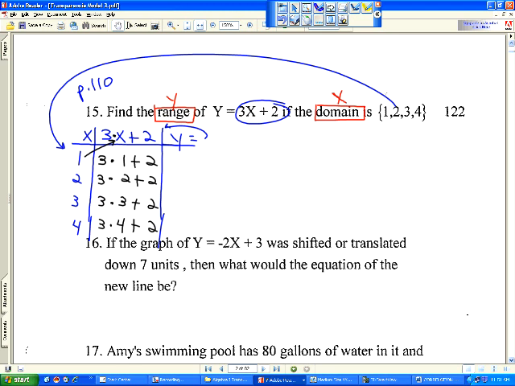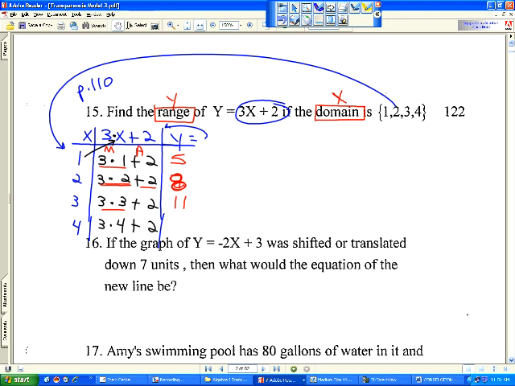Inside here we use the order of operations. We're going to do multiplication before addition. 3 times 1 is 3 plus 2 is 5. 3 times 2 is 6 plus 2 is 8.